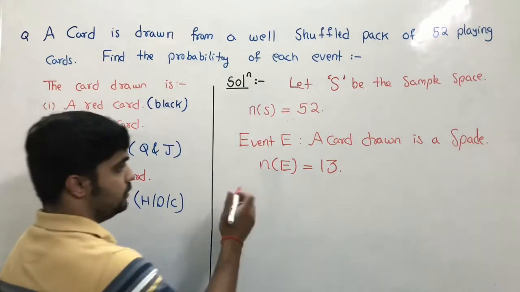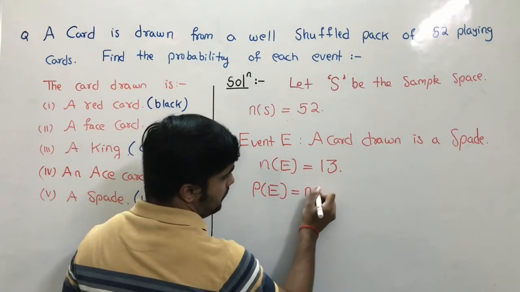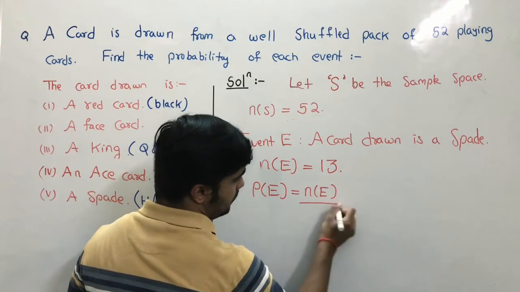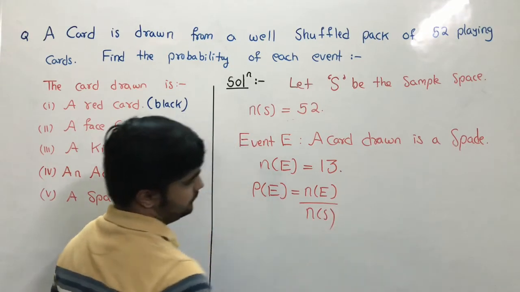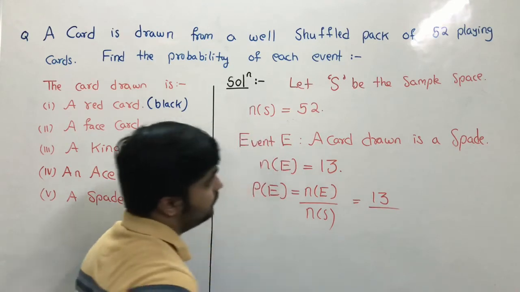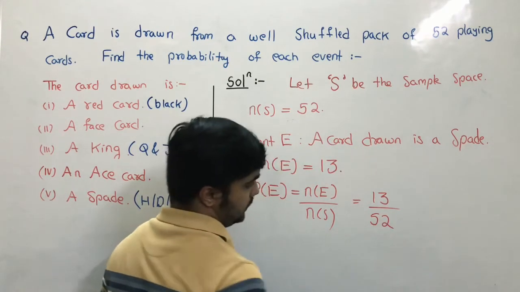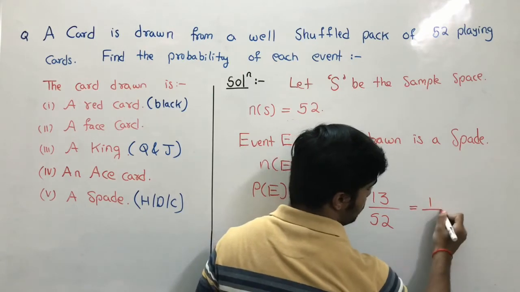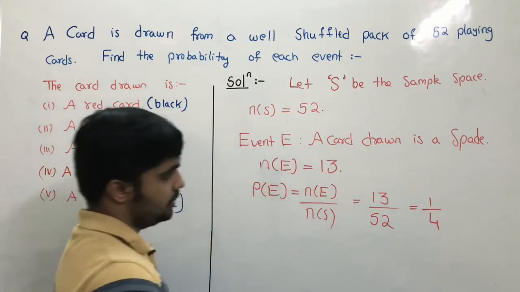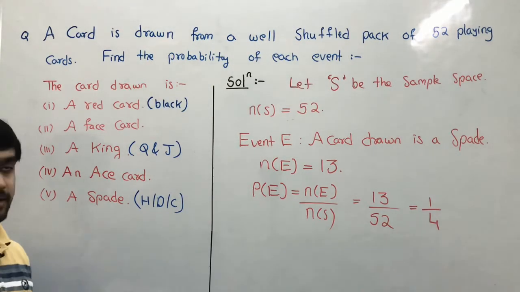Probability of E will be number of E upon number of S. Number of E is 13 and number of S is 52. That is 1 by 4. So this was the probability when a card drawn is a spade card.